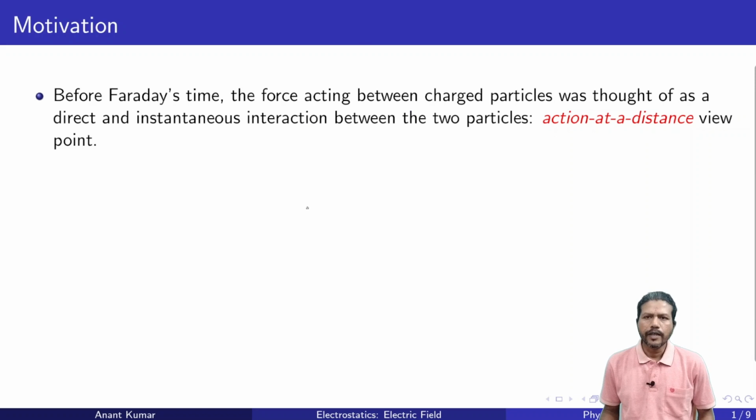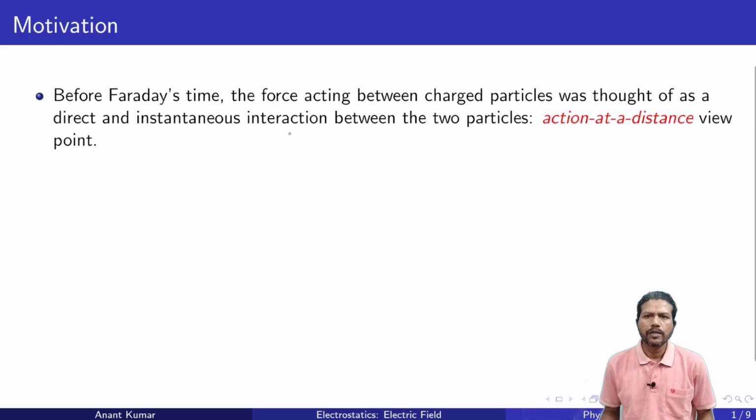Before Faraday's time, the force acting between charged particles was thought of as a direct and instantaneous interaction between two particles. This view was known as the action at a distance view.